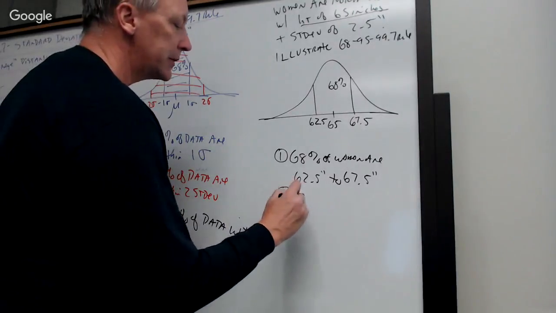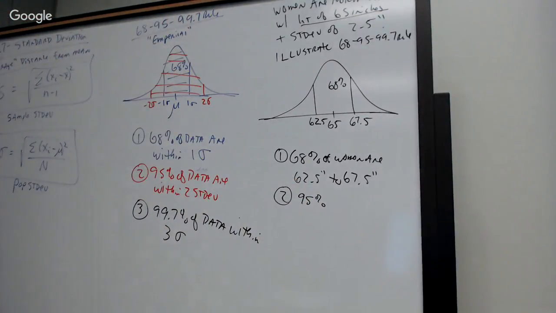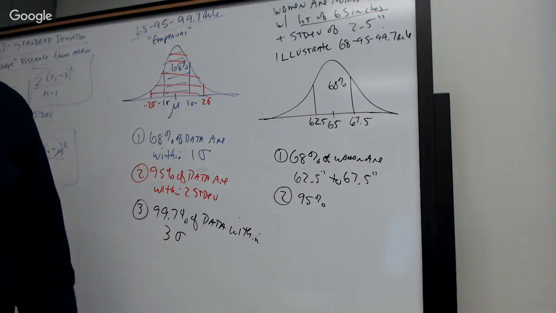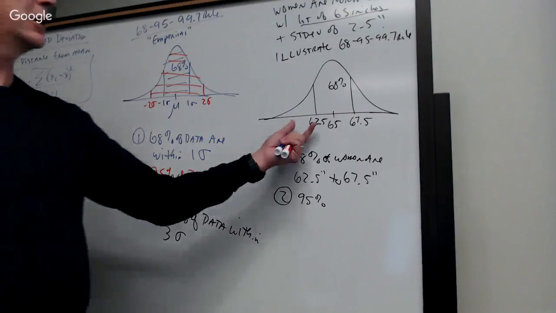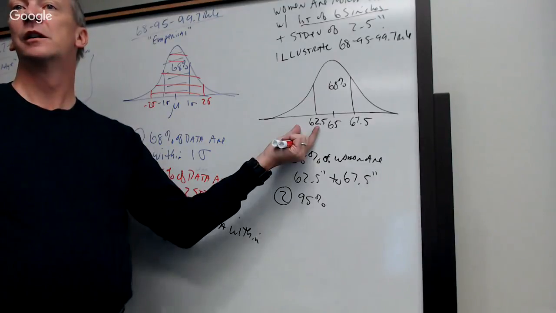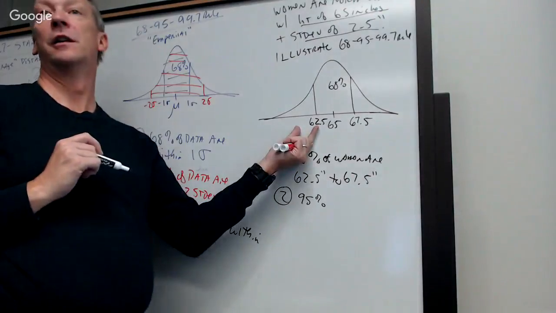Number 2, how tall are 95% of the women, JC? Sorry, I wasn't listening. What'd you say? How tall are 95% of the women? They're another standard deviation away. So what am I going to subtract on this side? 2.5.